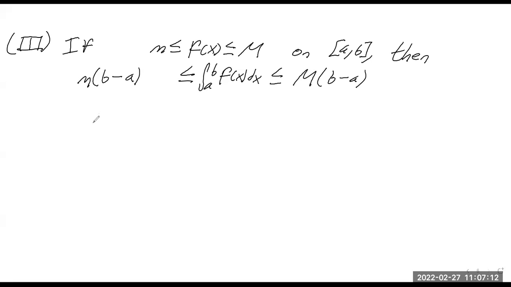Now what I'm going to do for this one is just give a quick graphical justification. This is not going to be an extensive proof, it's just a rough general picture.